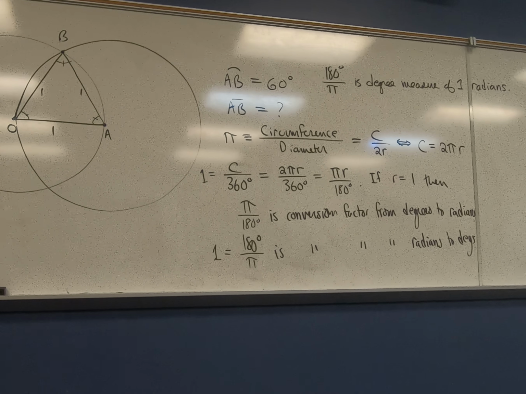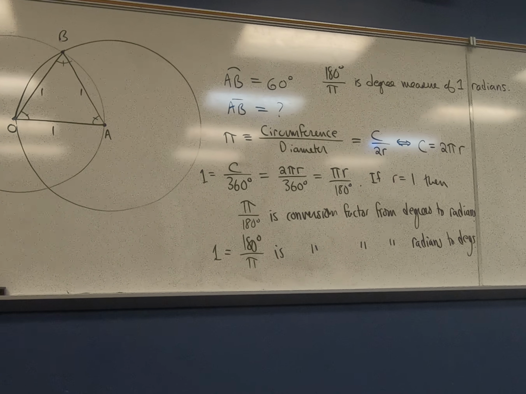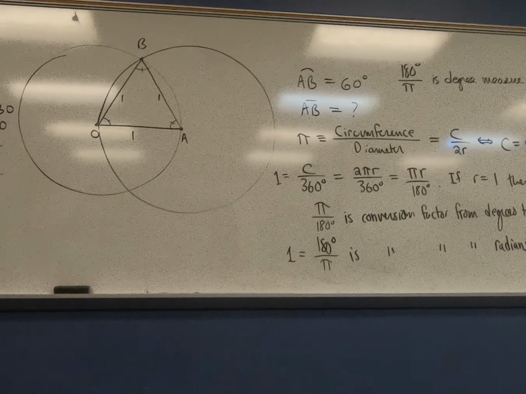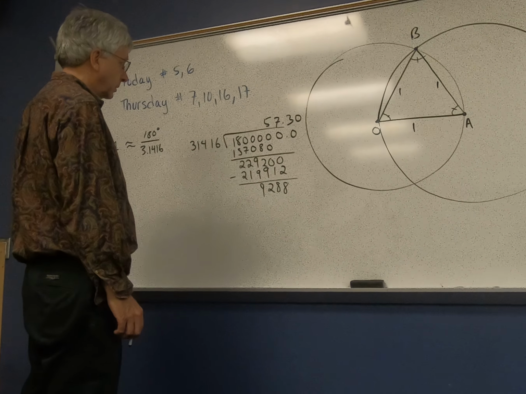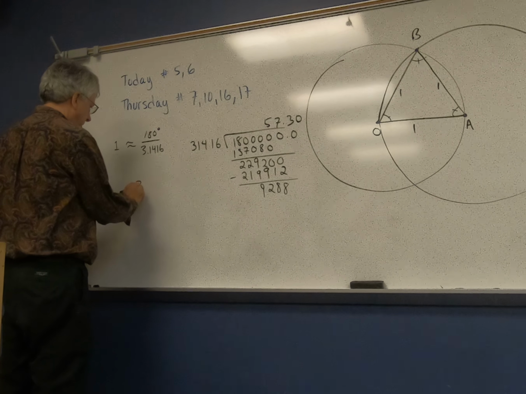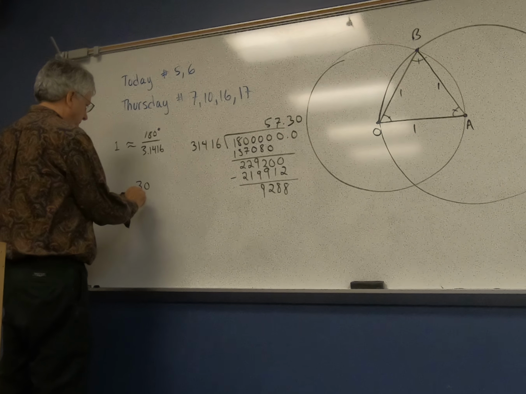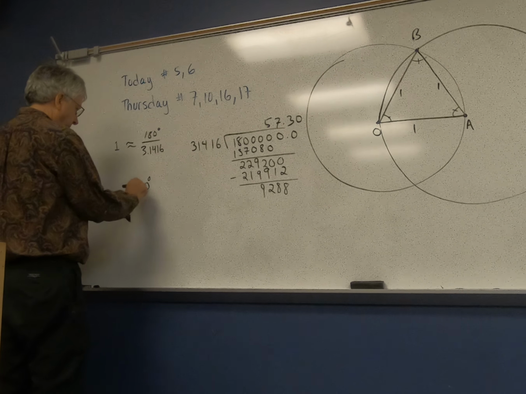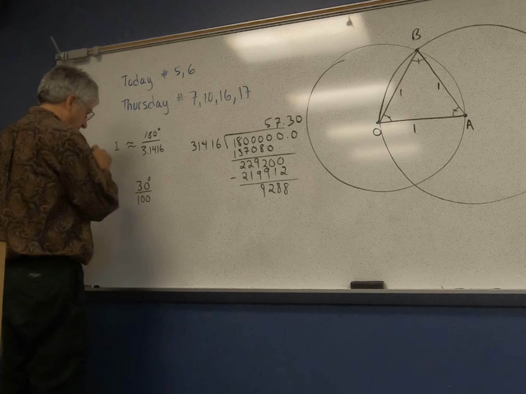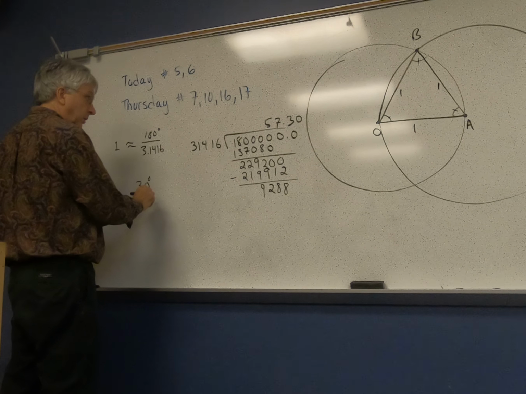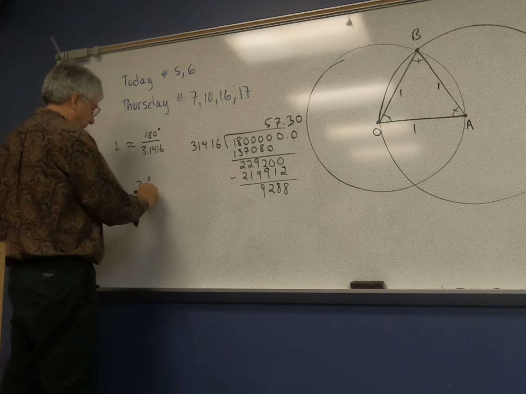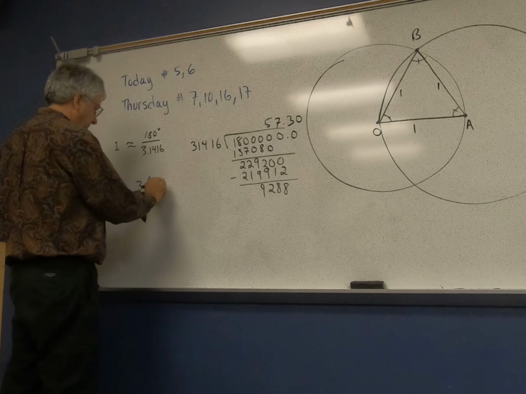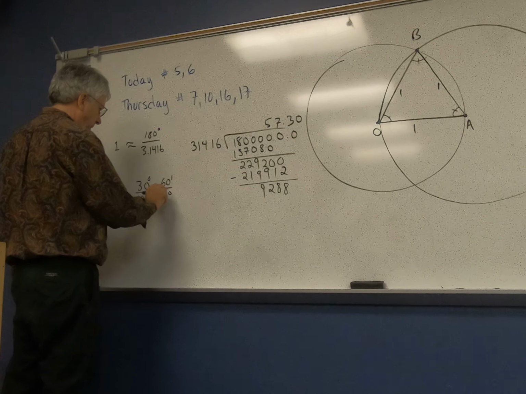But we want to convert this to minutes, right? So how many minutes? 30 hundredths of a degree is going to be multiplied by 60 minutes per 1 degree, right?